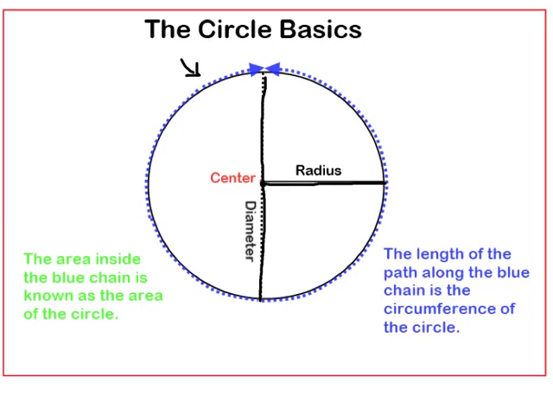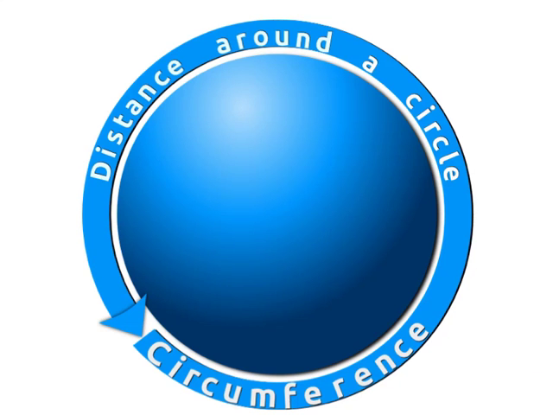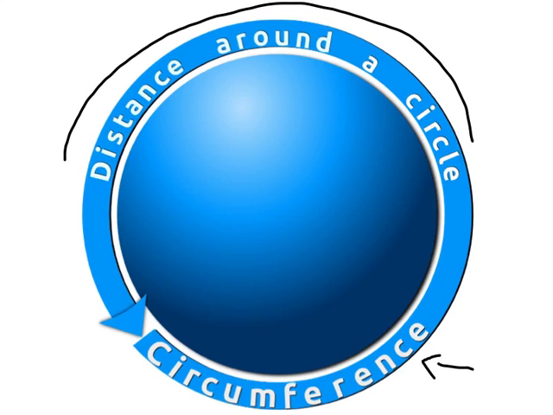Well, a circle doesn't have an edge, so there's a formula that we have to use. There's one formula for circumference and another formula for area. And that's where we're going to get into talking about pi. Alright, this was just a visual reminder for you that circumference means distance around a circle.